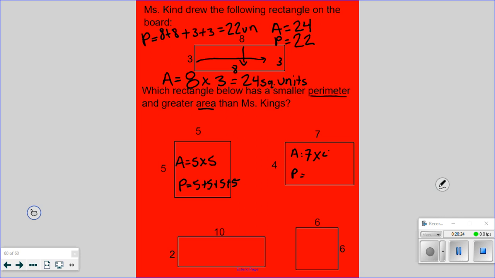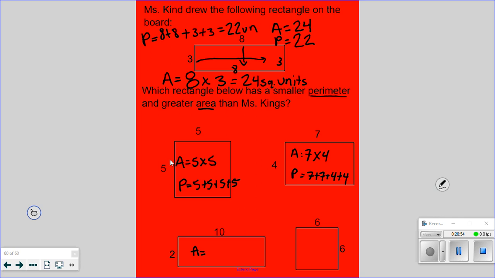We've got 7 rows by 4 columns. We've got that area equation. What about the perimeter equation, Brayden? 7 plus 7 plus 4 plus 4. Perfect. What about our area equation down here?